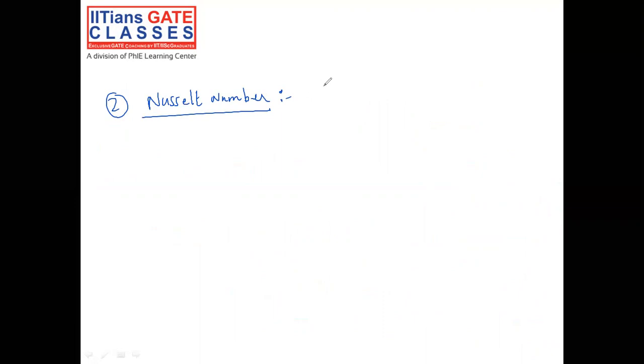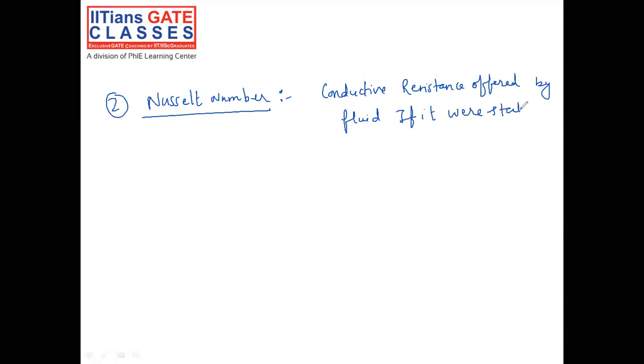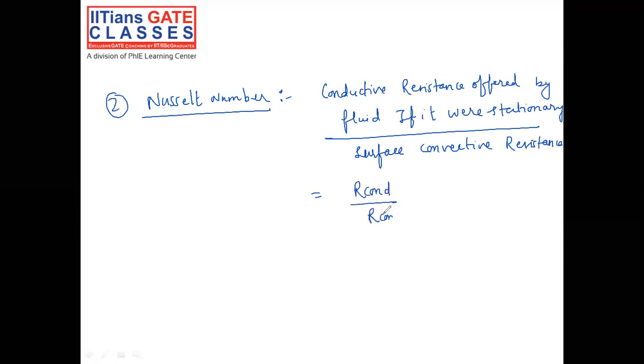It is a ratio of the conductive resistance offered by the fluid, if it were stationary, to the surface convective resistance, that is R conductive by R convective.